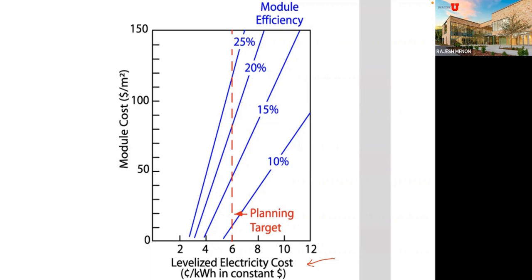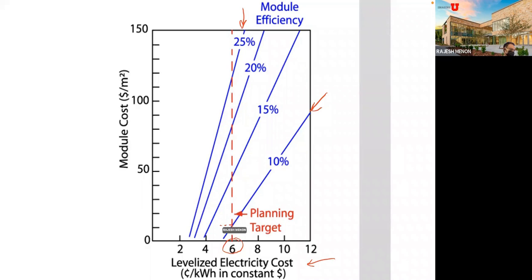So what's plotted here is that different module efficiencies give different slopes to this curve, and these are logarithmic in the vertical axis.